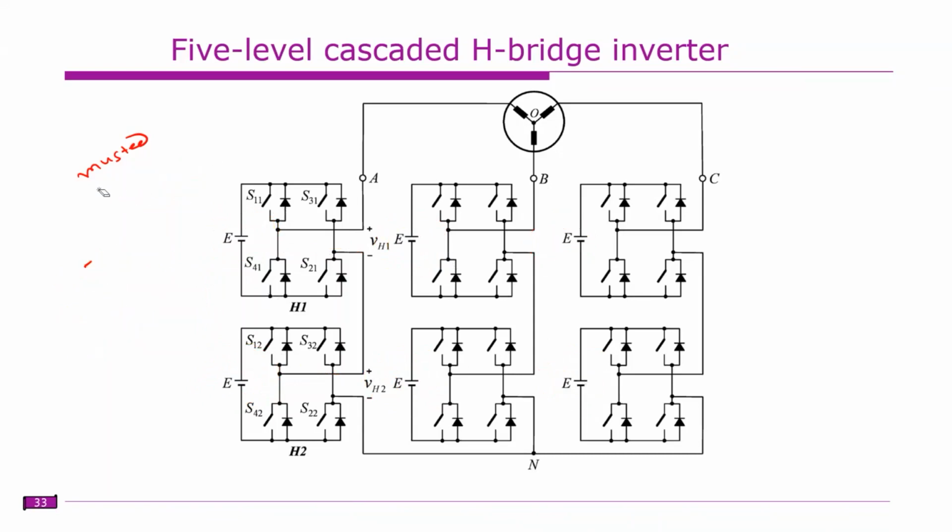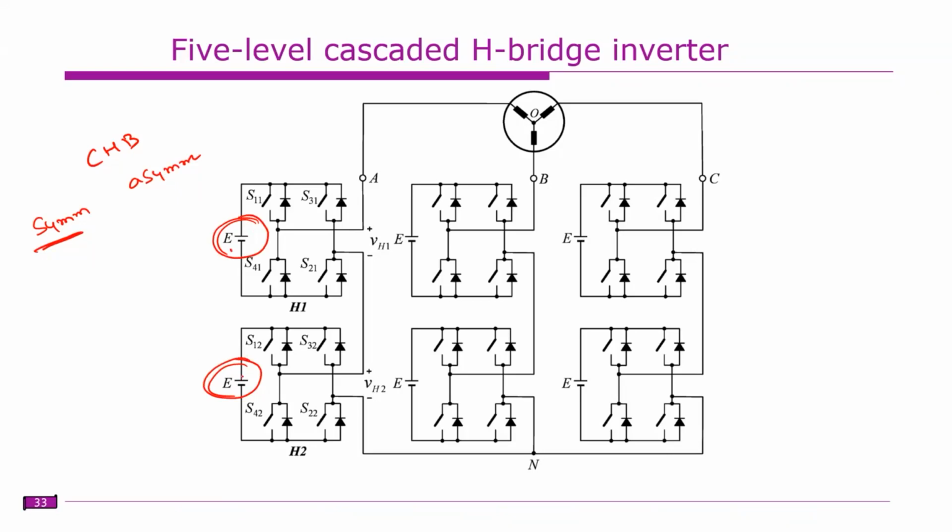Based on the ratio of these DC sources, we have two types of cascade H bridges: symmetrical and asymmetrical. In the symmetrical case, the DC voltages are the same.